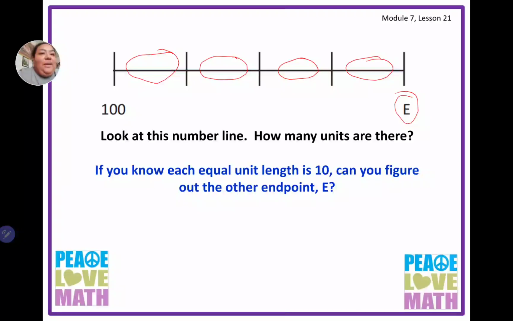I'm going to let you guys do that. If each one is 10, I'm going to write it down. What is E? So this would be 110, 120, 130. So E would be 140.